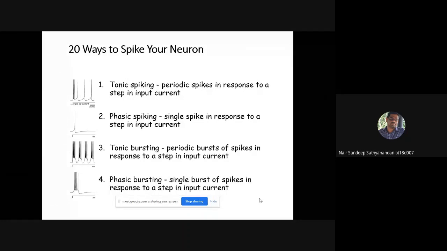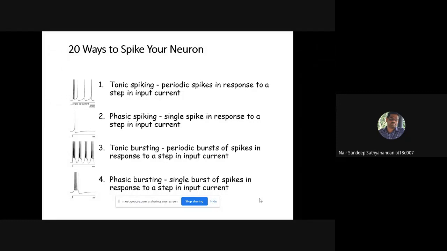That is where neuronal models like Izhikevich, which you saw in the last class, can display wide varieties of spiking behavior, all by controlling 4 variables. The first one we are showing is the tonic spiking. That is a regular spiking in response to a step input in current. So it is periodic in nature.